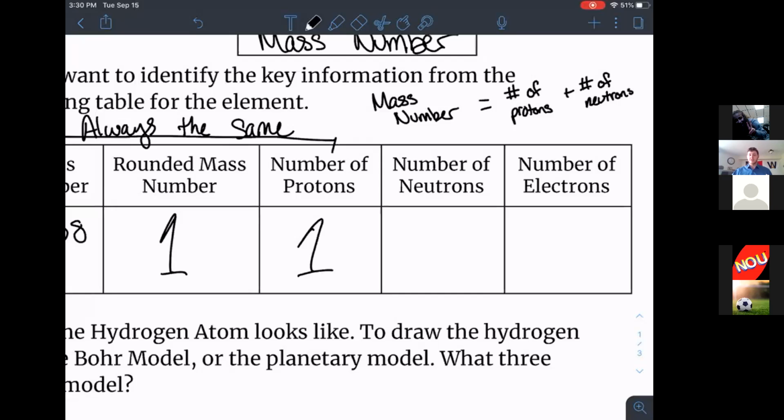They become negligible, or we can pretend they equal 0. So electrons have no mass, but protons and neutrons both have a mass of 1. If I have 1 proton and 1 neutron, I have a total mass of 2. So if I have 1 proton in my atom of hydrogen and my mass number is 1, how many neutrons am I going to have?